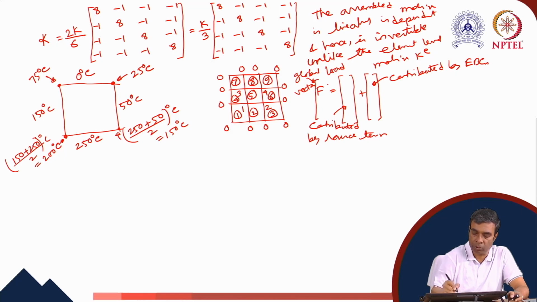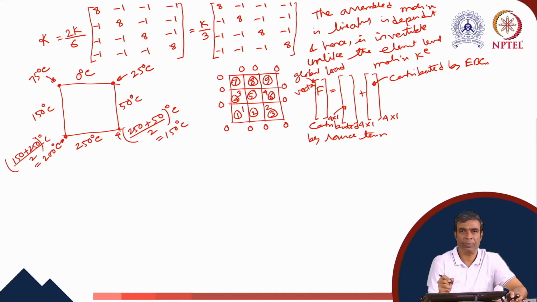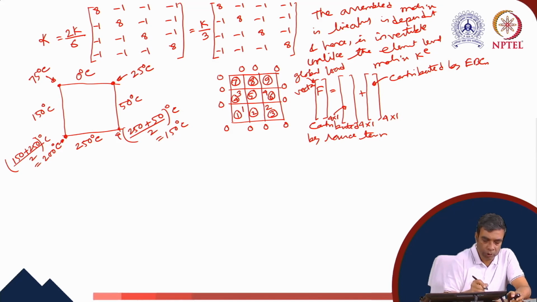Now this global load vector is a 4 by 1 vector. All of them are 4 by 1 vectors. So let us first consider the portion contributed by the source term.